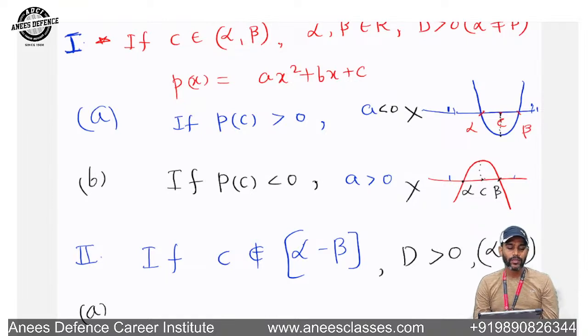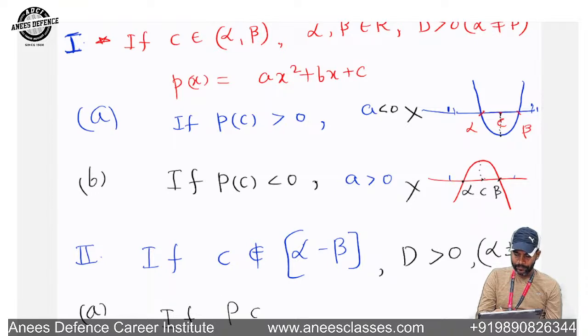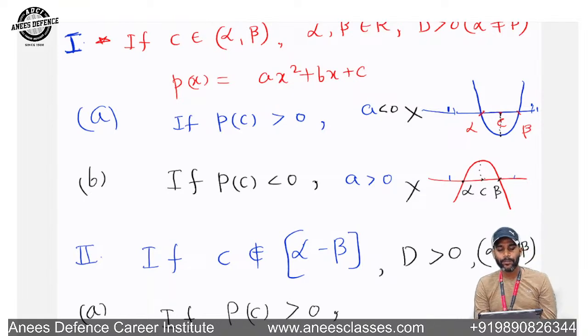Now, if P of C is positive, tell me, which case, first graph or second graph? Consider C, which is either left of alpha or right of beta.